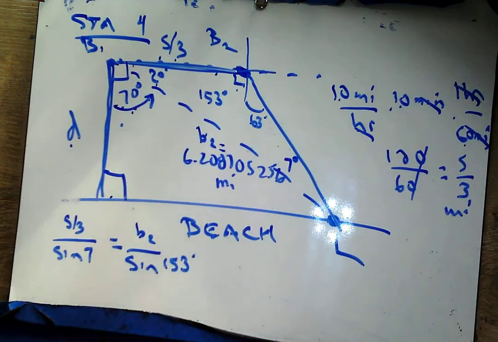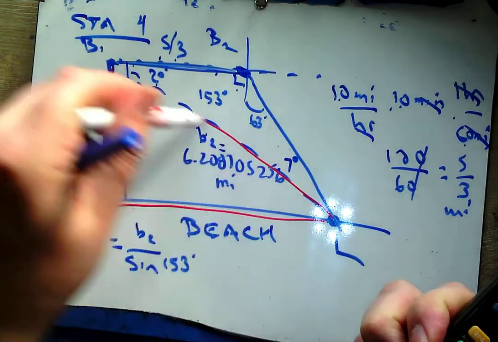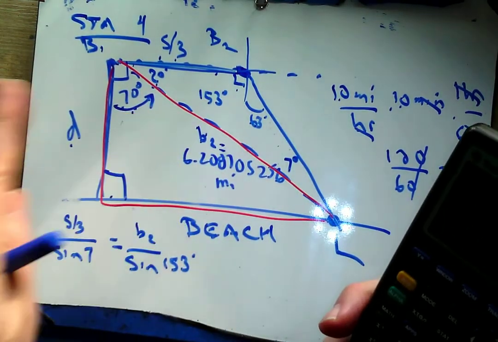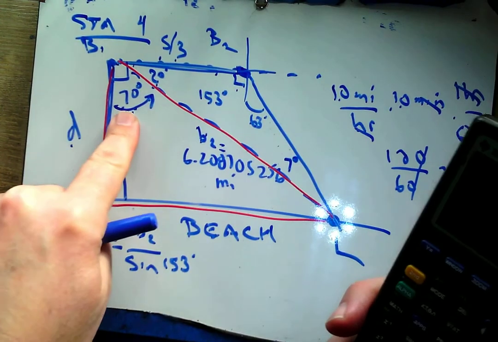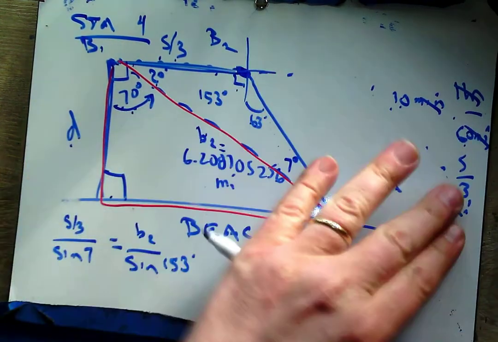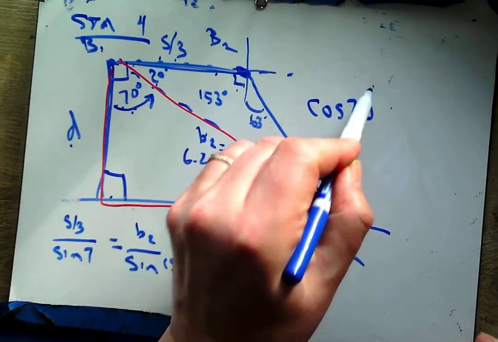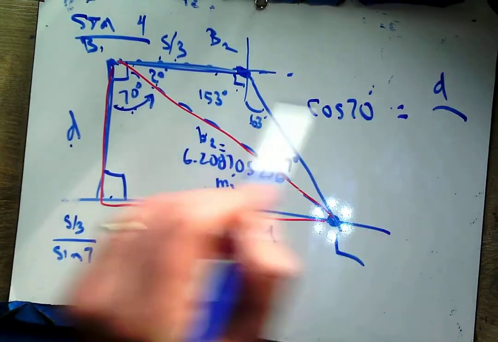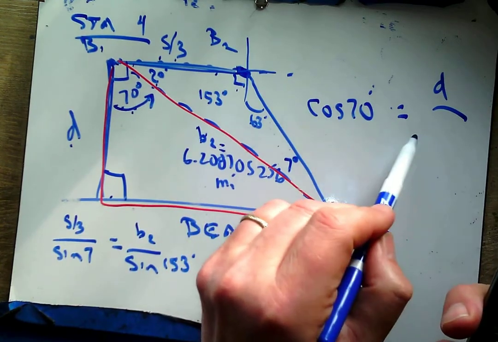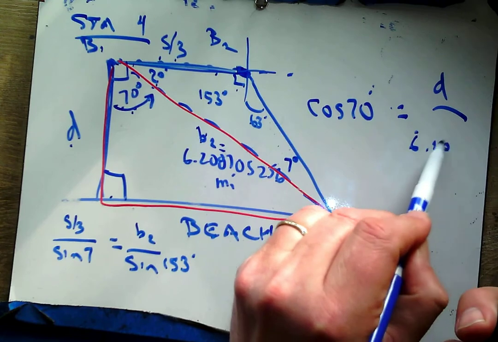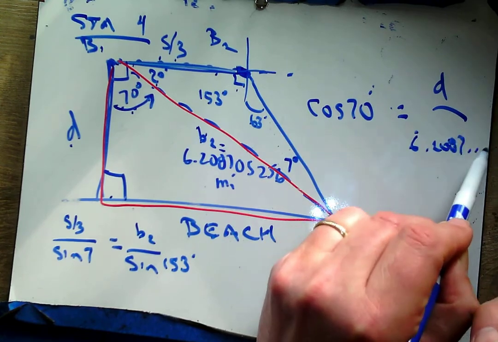Now I'm looking at this triangle. I'm looking in the big triangle here. It's a right triangle. I know the hypotenuse, I know this angle, and I'm looking for the side that's adjacent there. And so whenever I think about adjacent and hypotenuse, I'm thinking about cosine. And that's going to be d over this 6.2087.